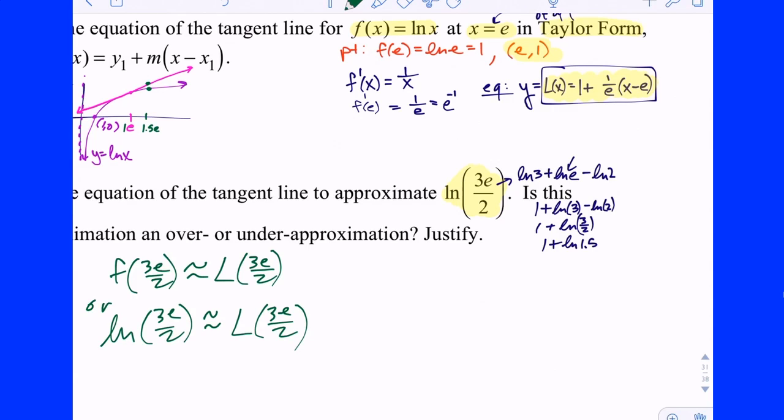Either one. But once you do that, then you put equals, and then you plug that into your Taylor form, which is a lot easier version. So 1 plus 1 over e times, we get 3e/2 minus e.